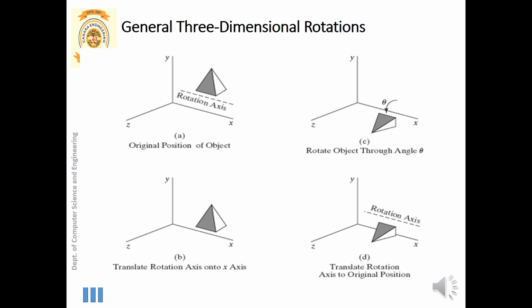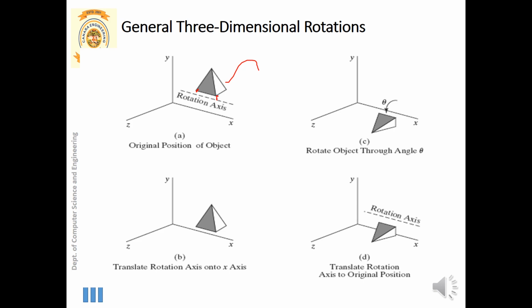Now let's see how we perform general three-dimensional rotation. So what is general three-dimensional rotation? You can just see the scenario. I have an object somewhere placed over here, and I have some coordinates also to represent this object, the coordinate system you call.